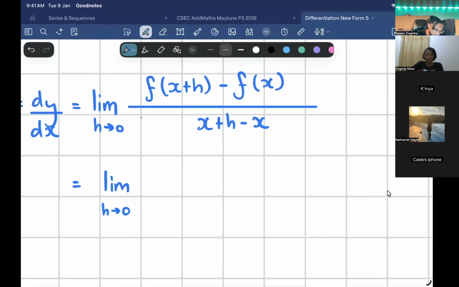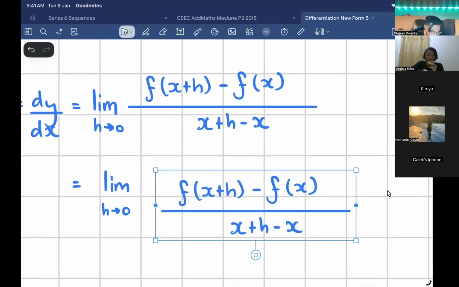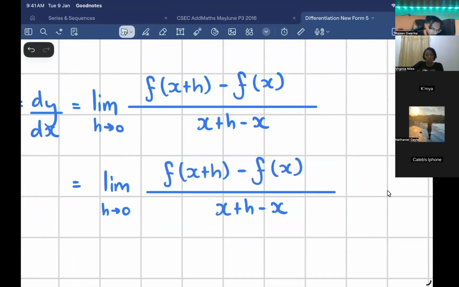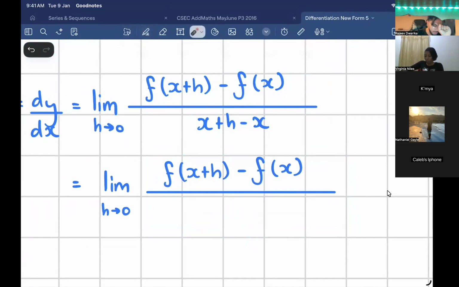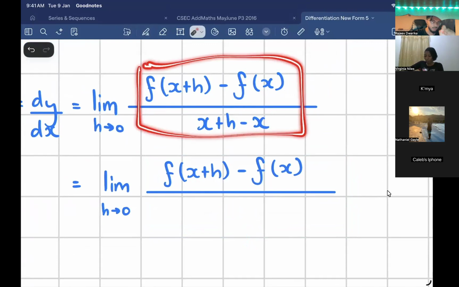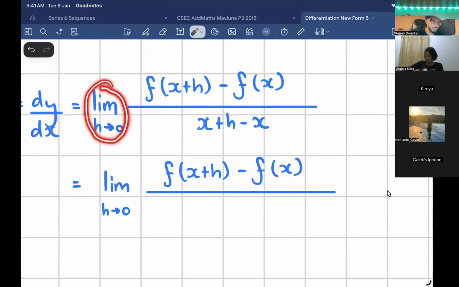So this formula is the approximate gradient. This part here is the approximate, and this part over here makes it exact.